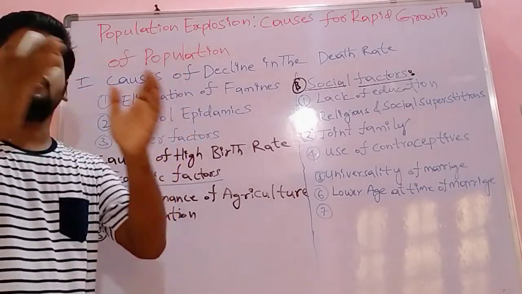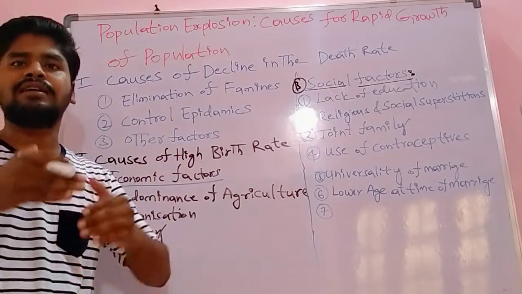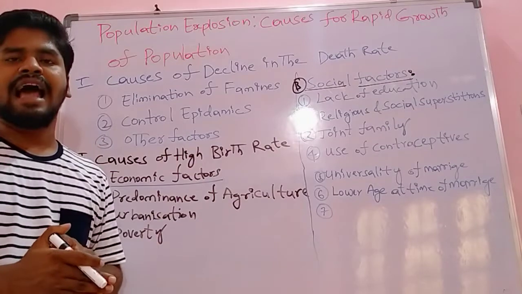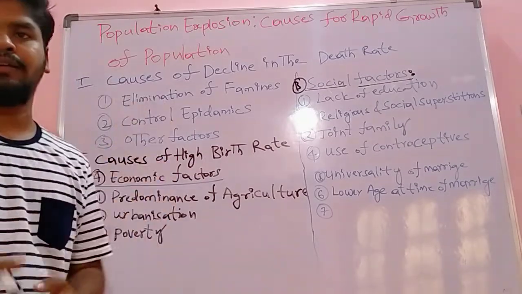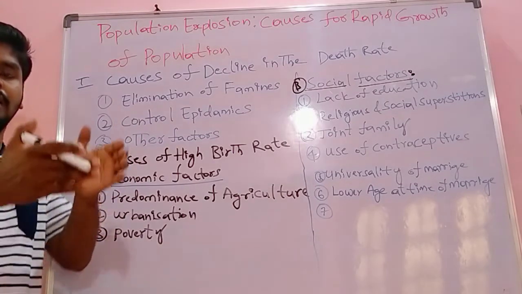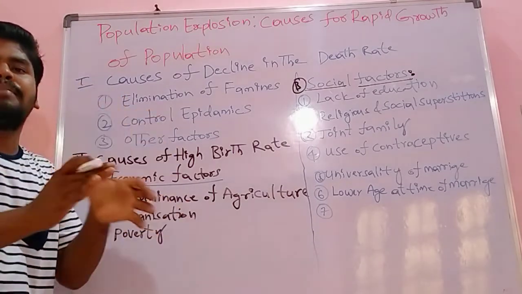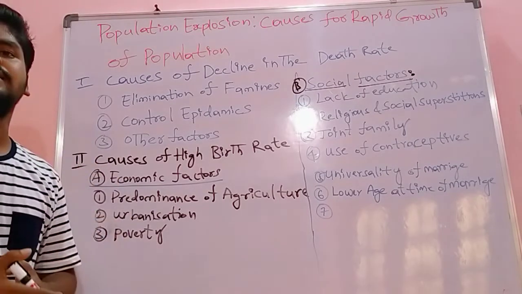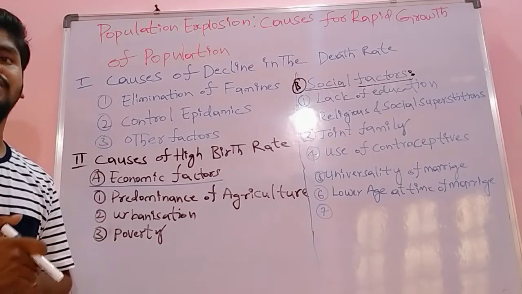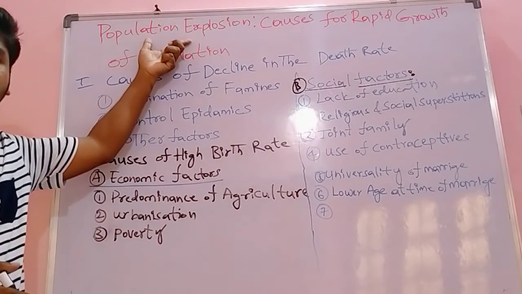Geometric level means 10, 20, 30, 40, like that the population increases, and at the arithmetic level the food supply increases 1, 2, 3, 4, like that. So the food supply is very little compared with the population. That leads to the problem of food scarcity, which is called population explosion.